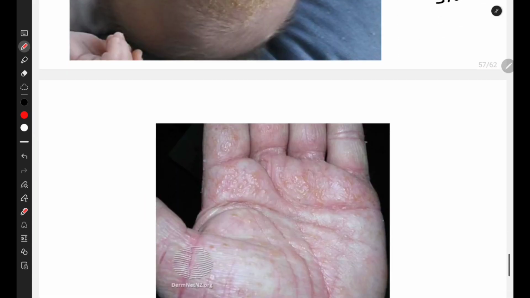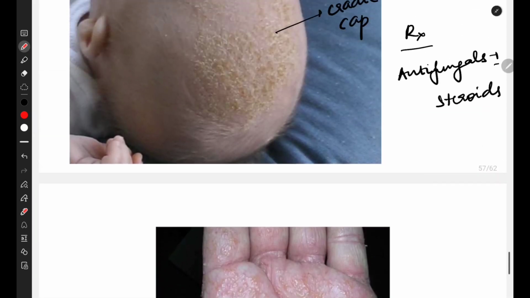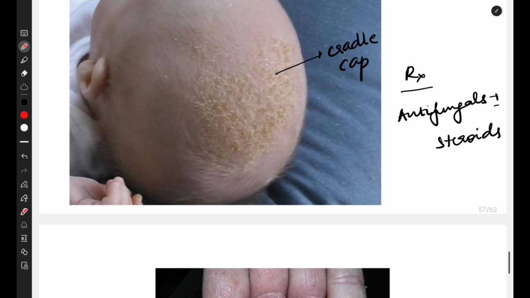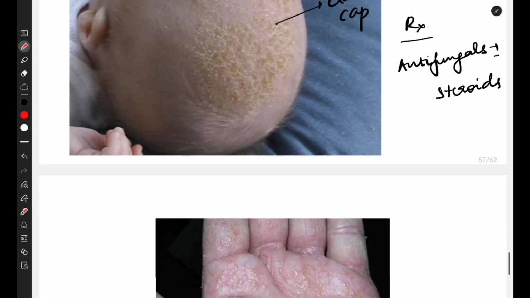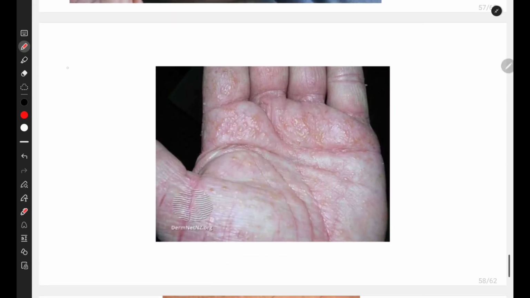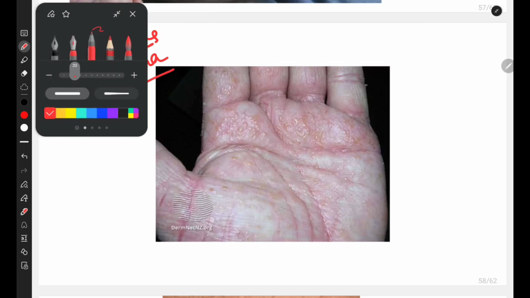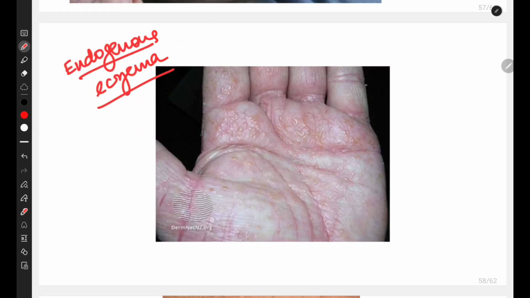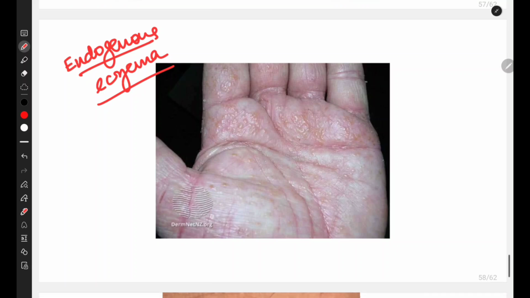Then coming to other types of eczema, these are endogenous eczemas. The first one is dyshidrotic eczema.